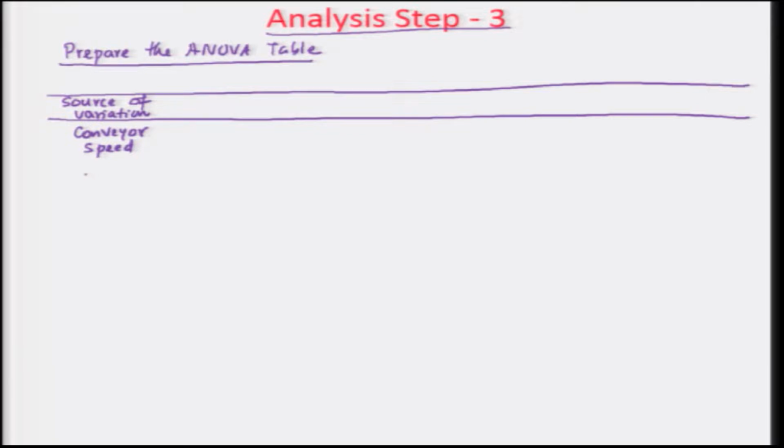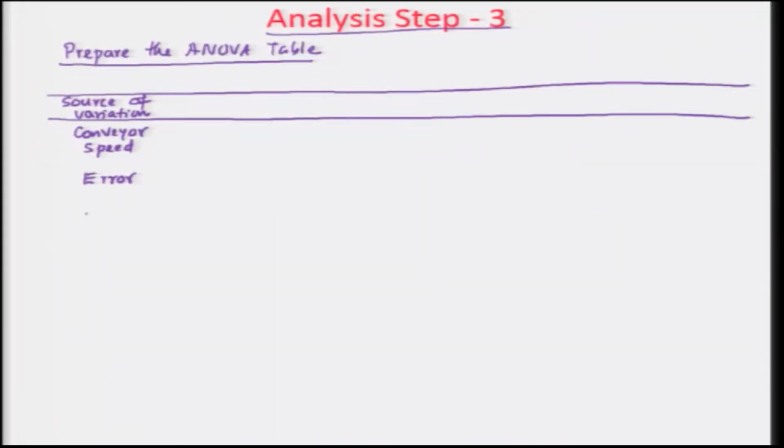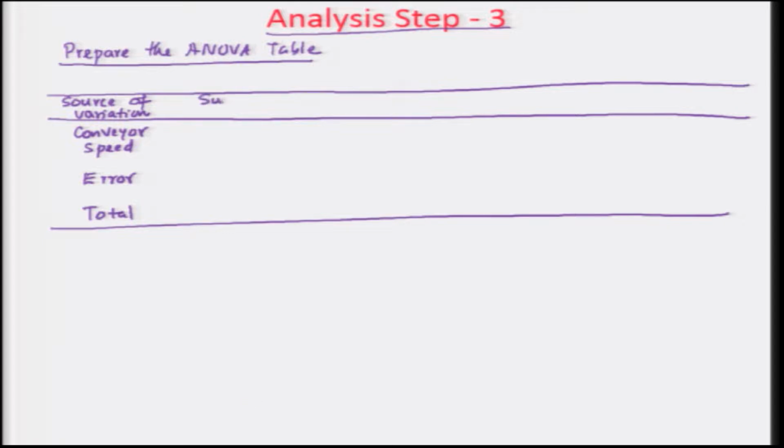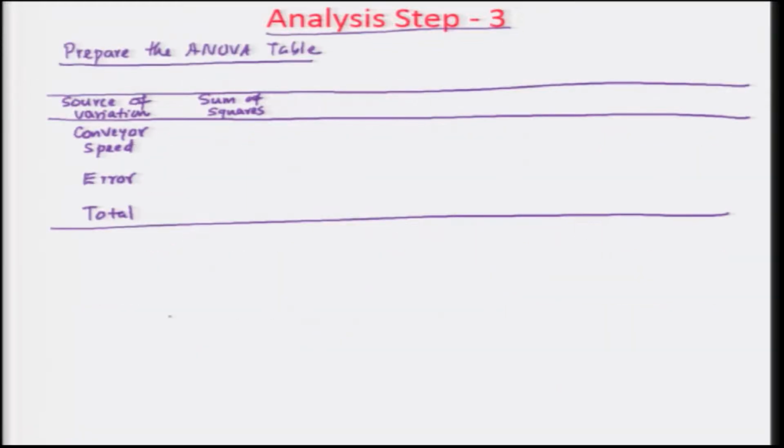Then the next one is error, so it is treatments, error and total. We go in the same fashion, total. This is our setup, and the second column is sum of squares. Where did we get the sum of squares? We have already calculated them: 636.96, 475.76, 161.20. So, we go back and fill in those values.